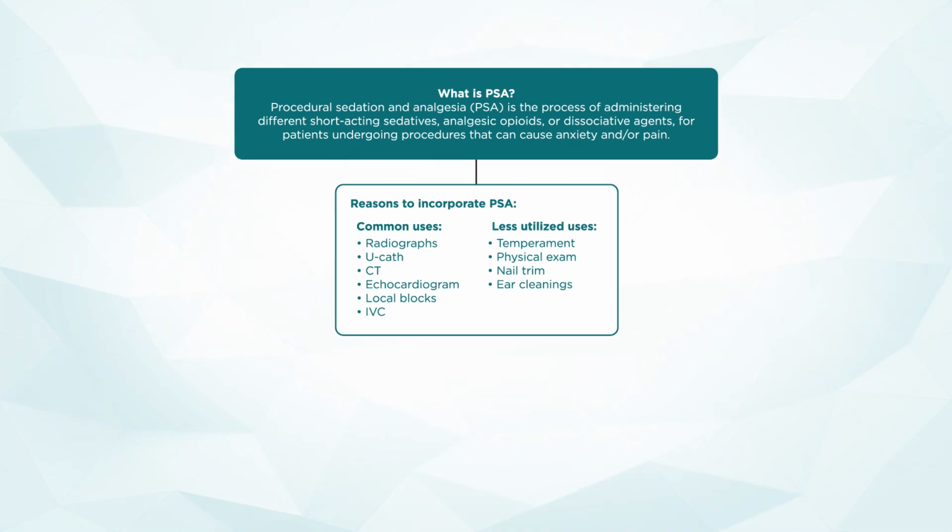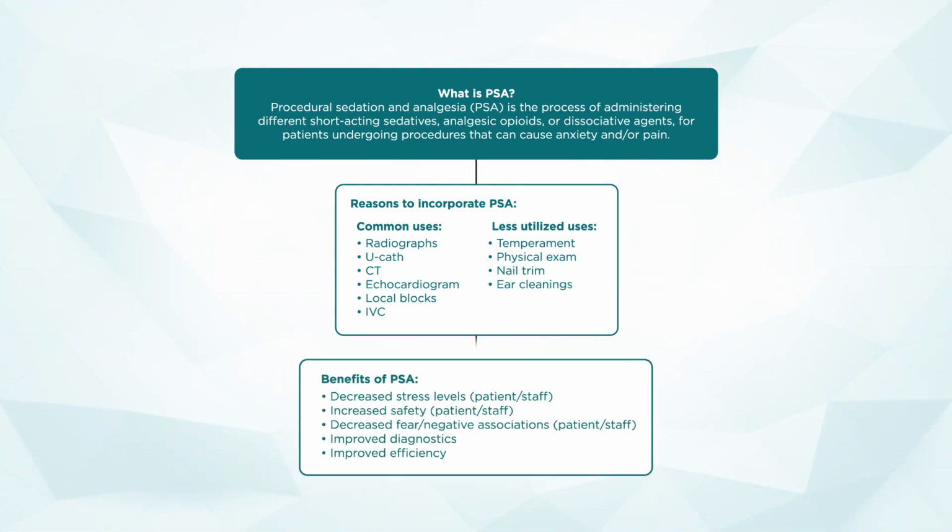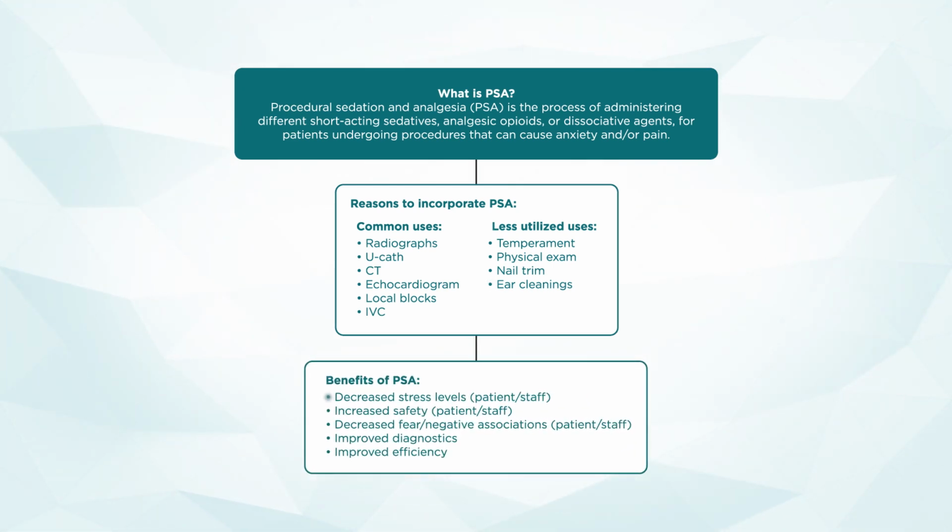Some of the less utilized uses would be temperament, physical exam, nail trims, and ear cleanings. Some of the benefits of PSA include decreased stress levels for patient and staff, increased safety for both patient and staff, decreased fear and negative associations for both patient and staff, improved diagnostics, and improved efficiency.